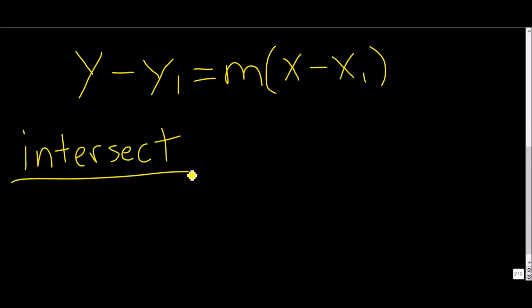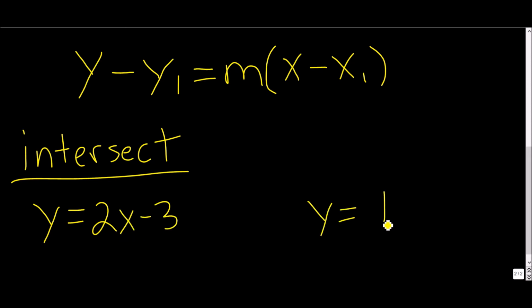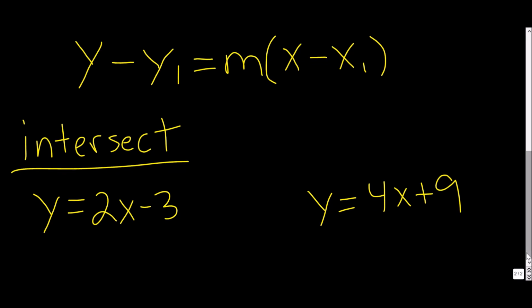We've got y equals 2x minus 3, and we've got y equals 4x plus 9. So 2 different equations. Now, if they intersect, something has to be true. They're sharing a point, 1 point at some place.